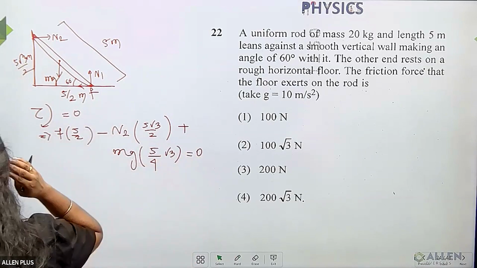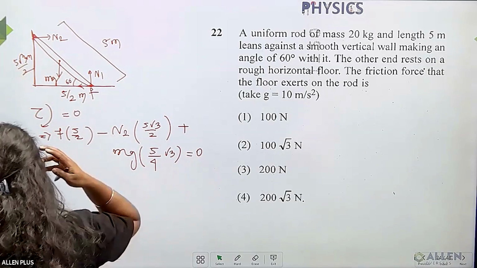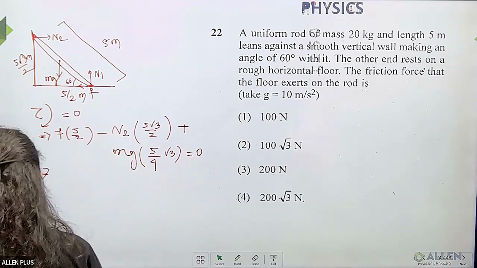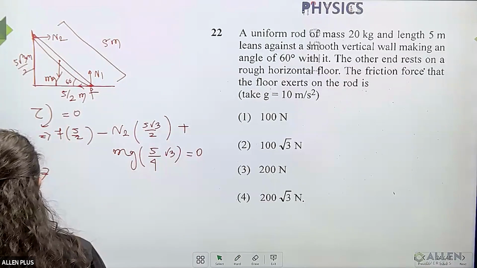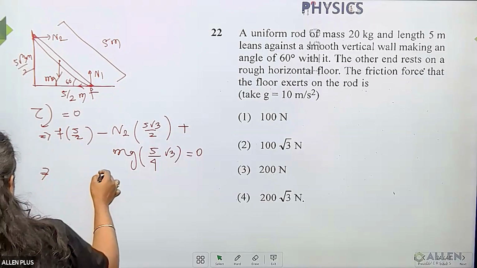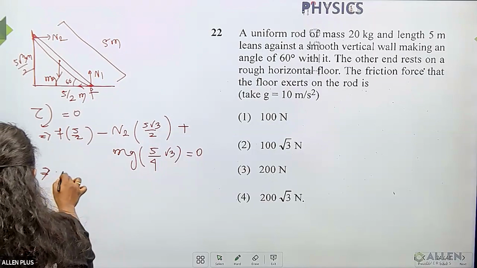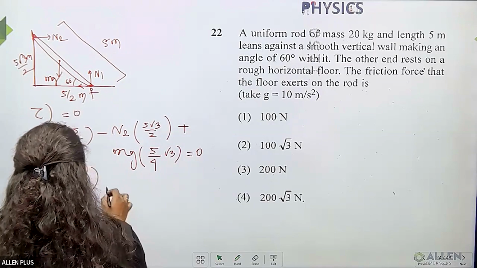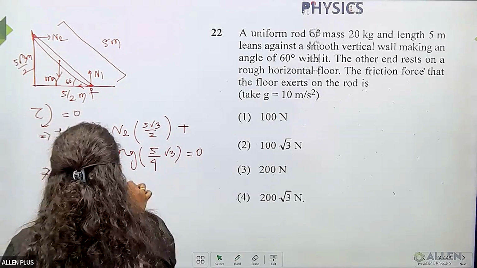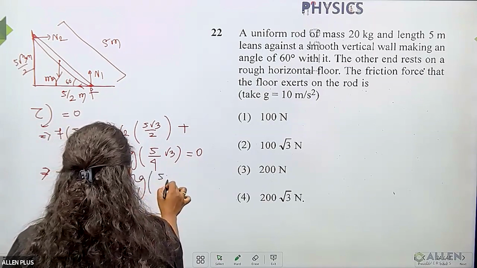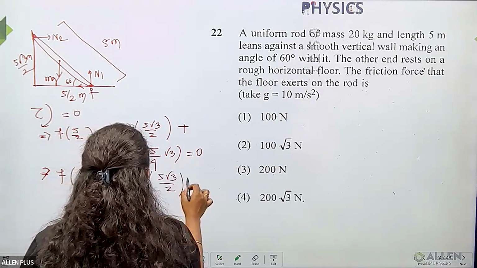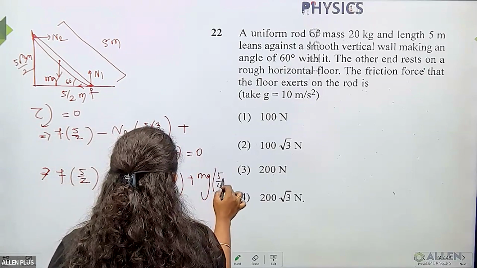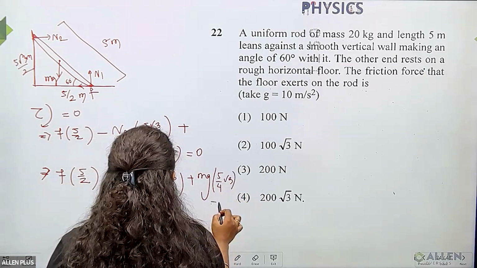And here from the diagram, you might be seeing it here, the normal reaction which is given over here, the component over here: f into 5 by 2 minus mg into 5 root 3 by 2 plus mg into 5 by 4 root 3 is equal to 0.